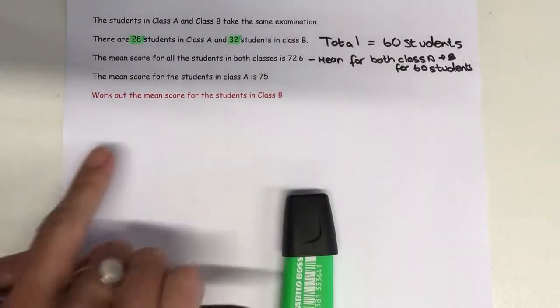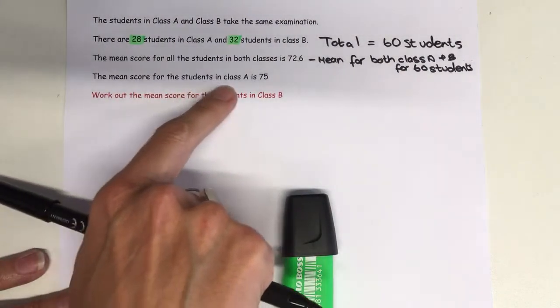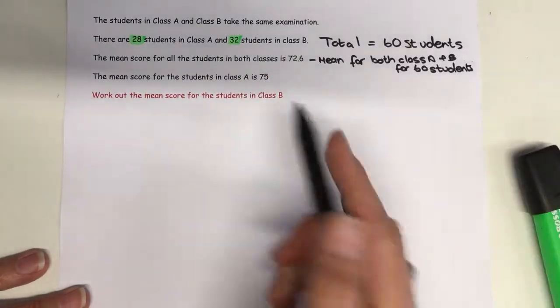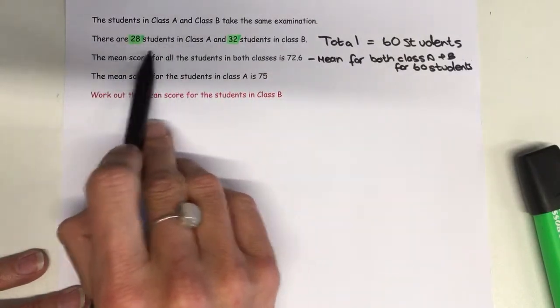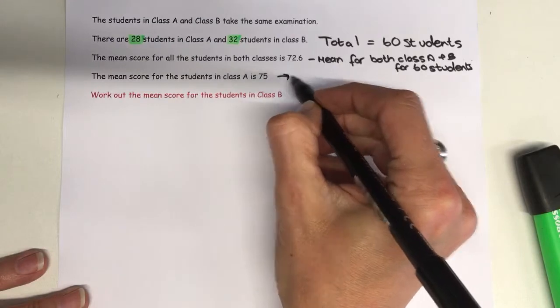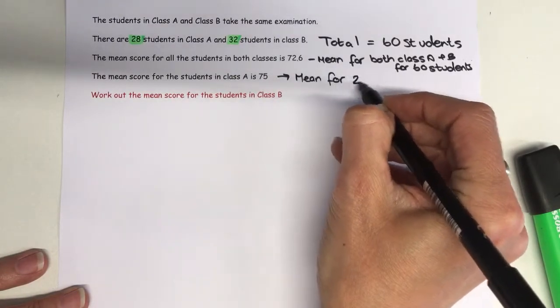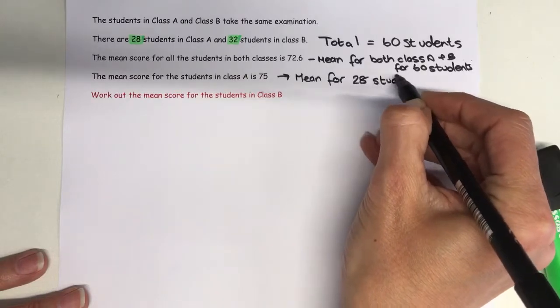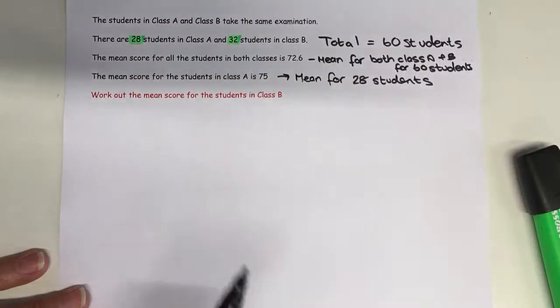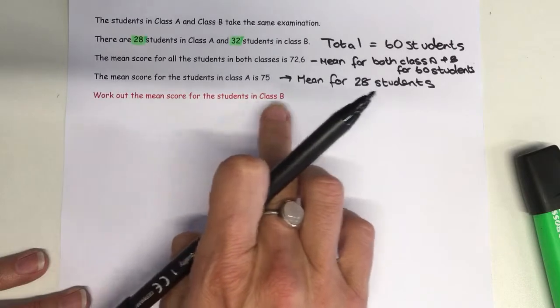And then we are also given that the mean score for the students in class A is 75, and in class A there are 28 students, so this is the mean for 28 students. And the question says work out the mean score for the students in class B.